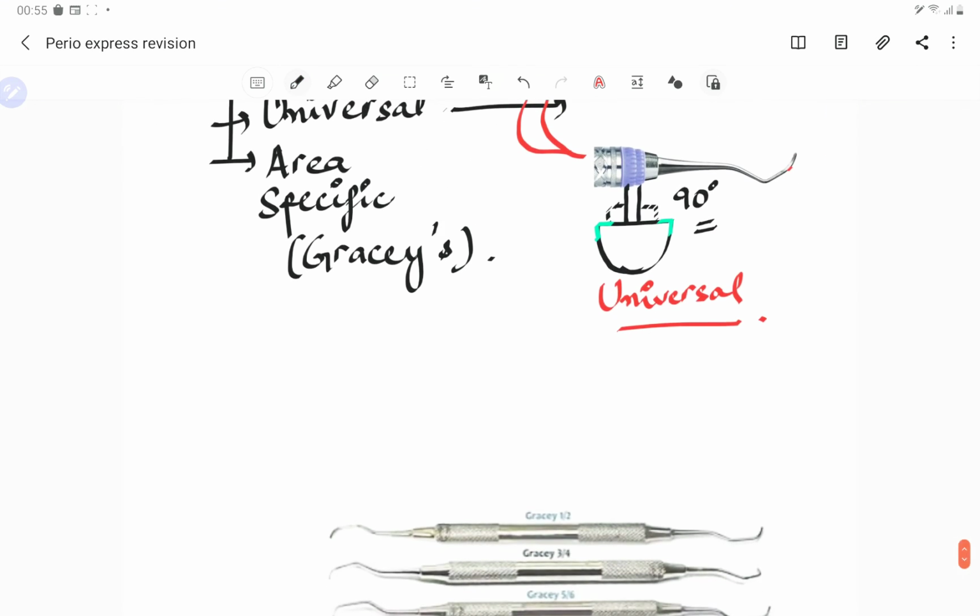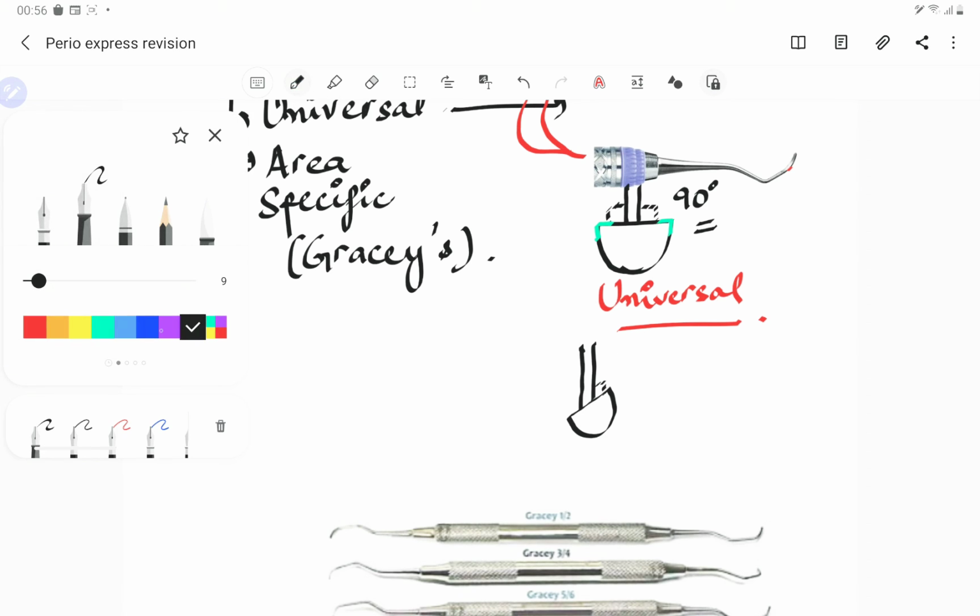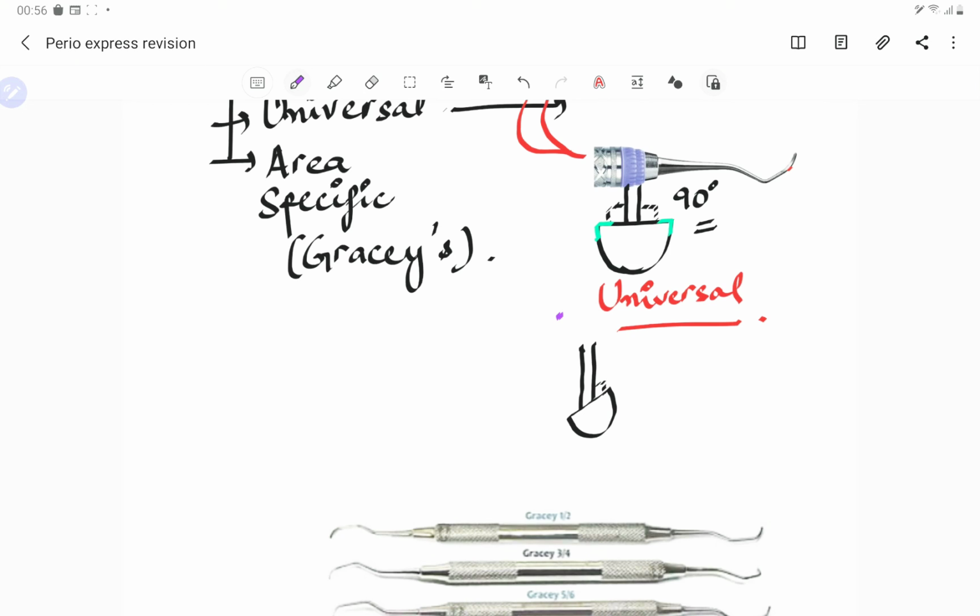And the difference between universal and Gracey is that the universal blade is at 90 degrees, while the Gracey blade is offset from the terminal shank at 70 degrees. Now what happens? Suppose I draw a tooth surface in this color, and then the gingival sulcus.